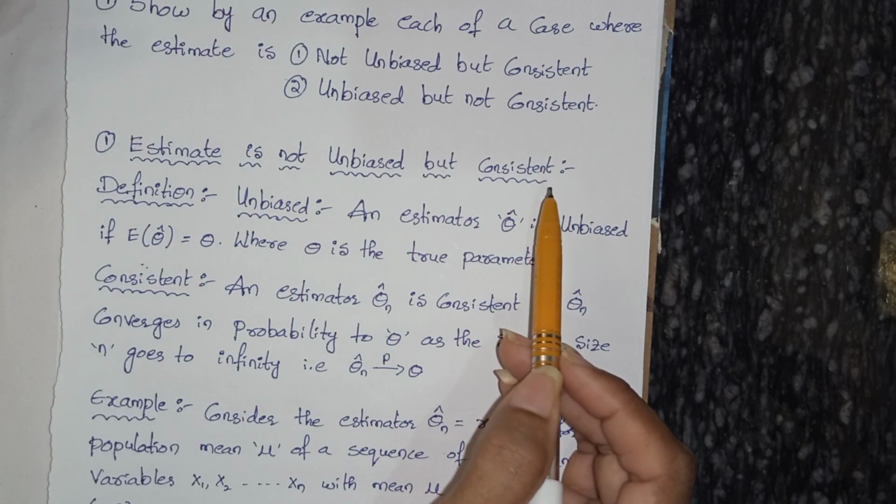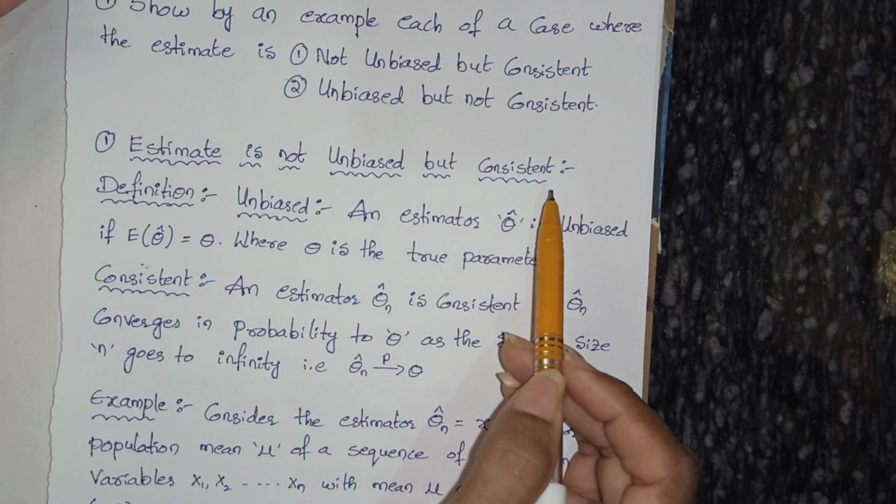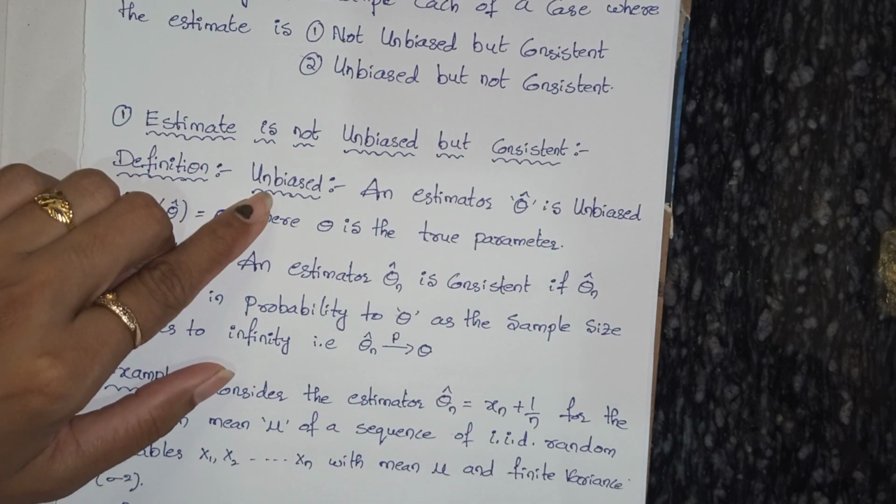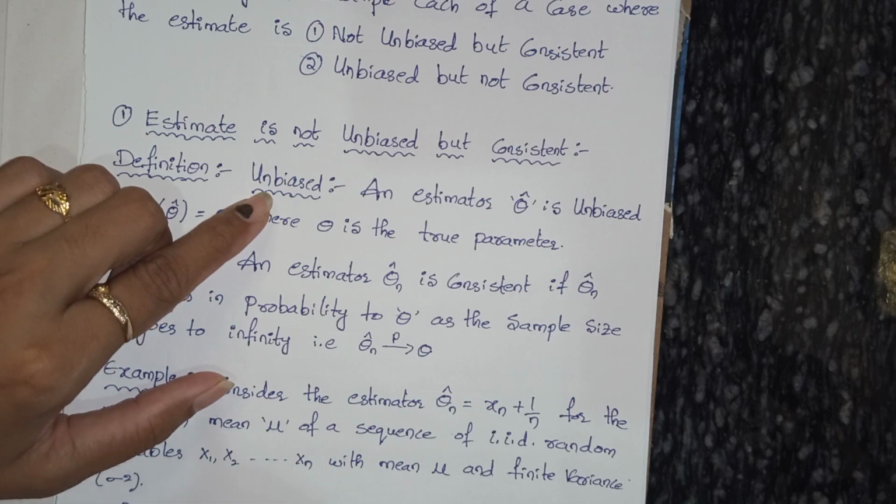First we have to know what is unbiased and what is consistent, so after knowing the definitions we'll go with the example. Unbiased in the sense that it should be fair.